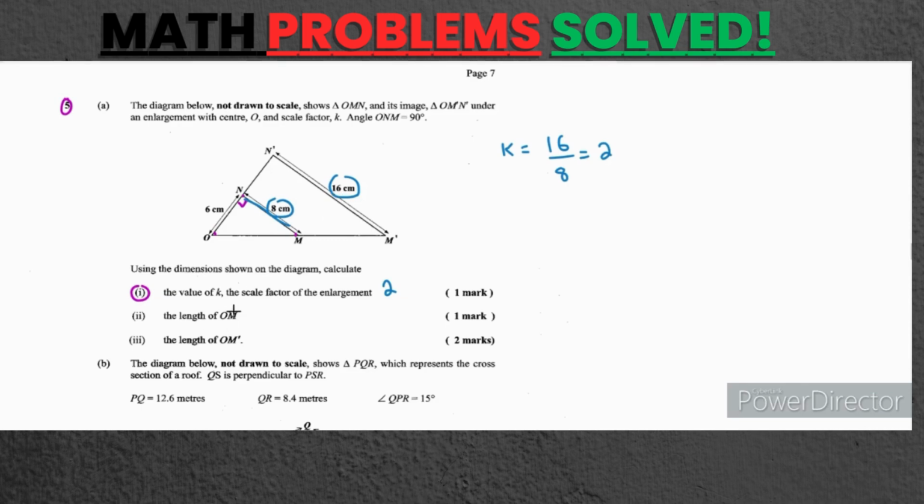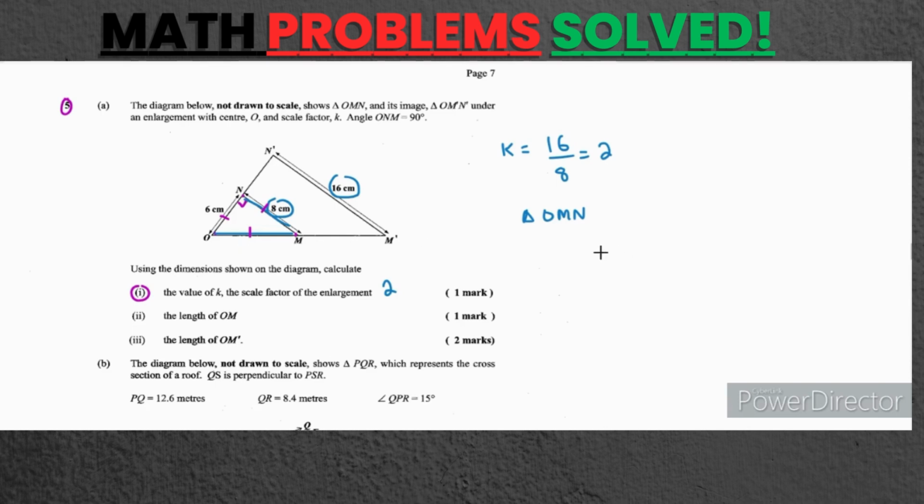The length of OM, we have to calculate the length of OM. OM is this side, right? So if we look at triangle OMN, it's a right angle triangle, right? This is the hypotenuse, this is the adjacent, and this is the perpendicular.